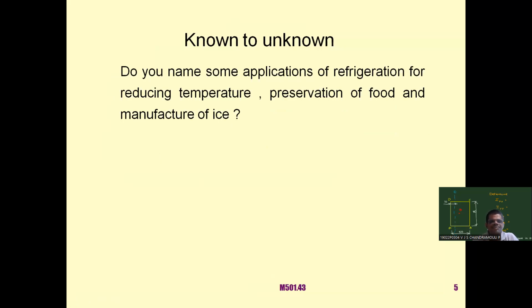Some applications of refrigeration are reducing the temperature, preservation of foods, and manufacturing of ice. Manufacturing of ice is nothing but the ice plant, and our refrigerator is also used for preservation of foods and reducing the temperature.